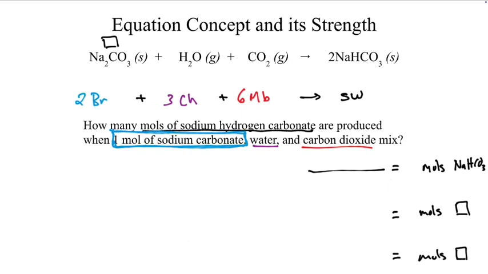Okay? Why should we place it in the numerator? Because it's given, so it's associated with just one. I was also given water. I could be given tons of different things. So just because it's given becomes a very questionable action to take. Not wrong, questionable. So there's 1 mole of sodium carbonate in the balanced equation.